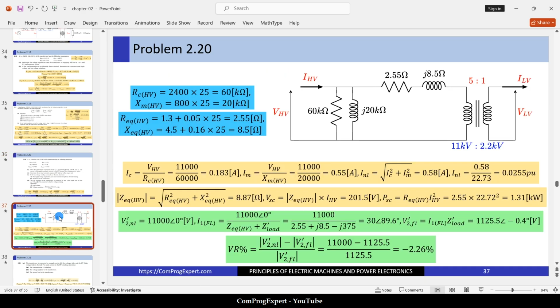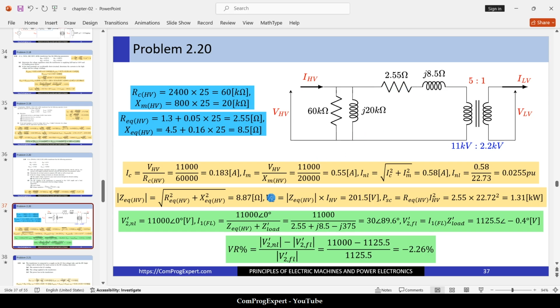Here, what is the value of the Z equivalent? The amplitude is the square root of the R equivalent to the power 2 plus X equivalent to the power 2, 8.87, the amplitude of this internal impedance.